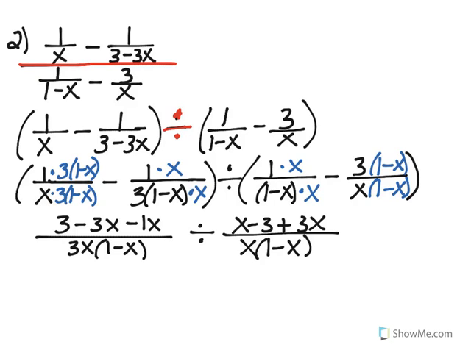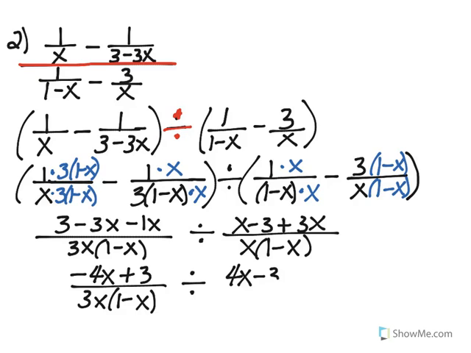Now the order doesn't really matter. Combine your stuff together, so we're going to have negative 4x plus 3. You can already kind of see before you even flip what's going to cancel out.